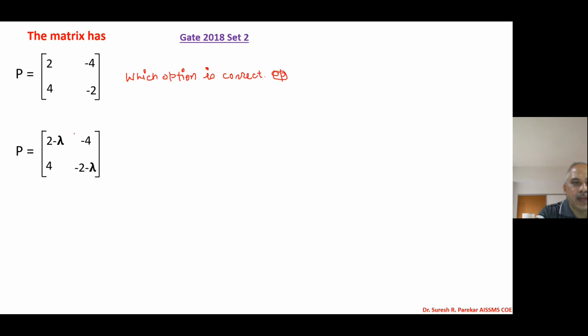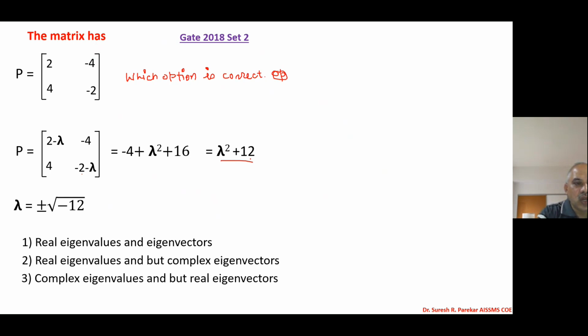So now we have calculated this will be my Eigen matrix: 2 minus lambda, minus 4, 4, minus 2 minus lambda. And from this we will get minus 4 plus lambda square plus 16. Now minus 2 lambda plus 2 lambda gets cancelled, and we have lambda square plus 12 equal to 0.